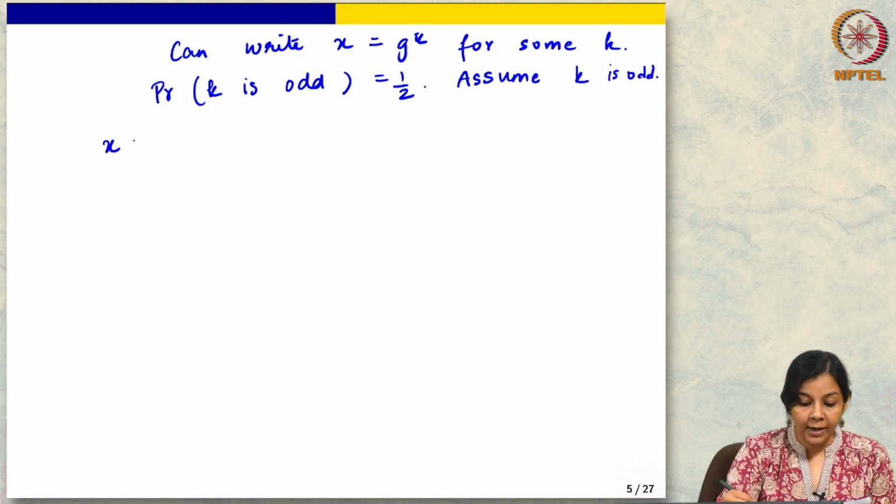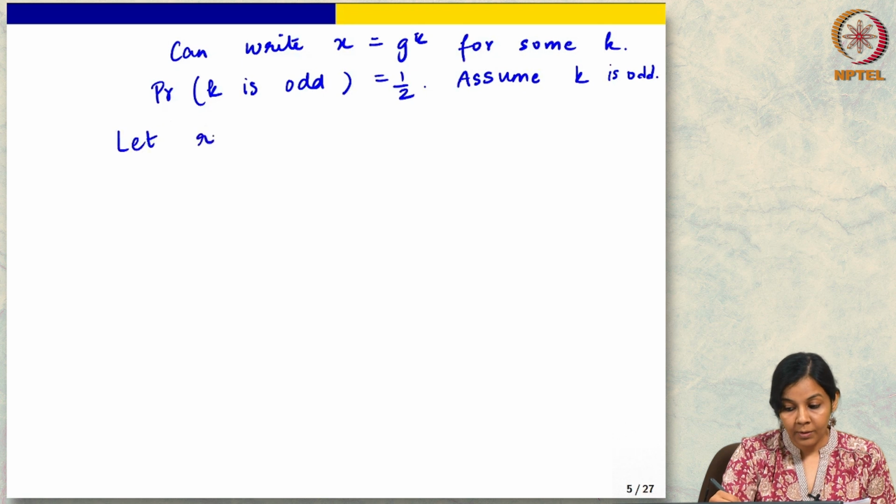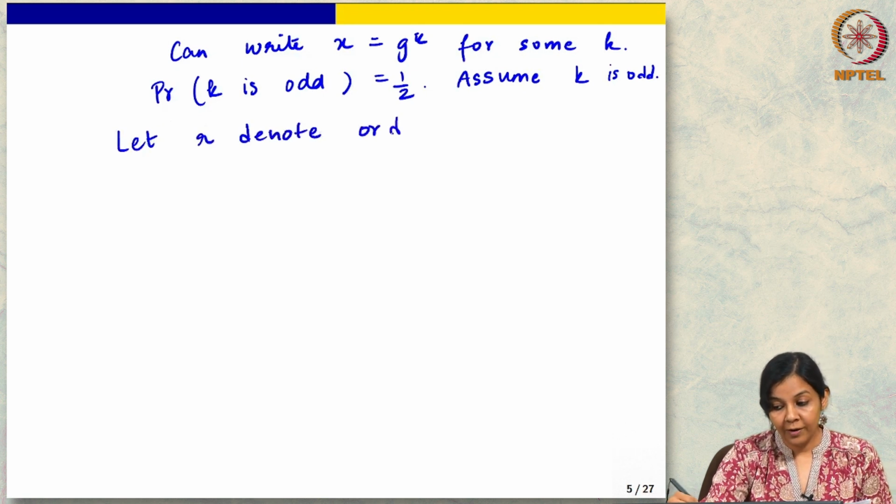Then what did we get? We got that x to the order of x, let us call it r. Let r denote the order of x.